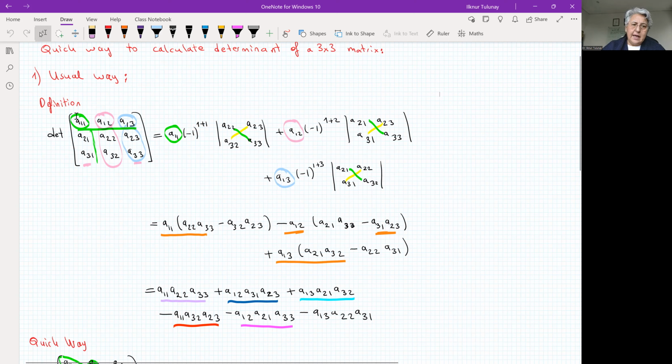So we take this element A11. Where is this A11 stated? The first row, first column.